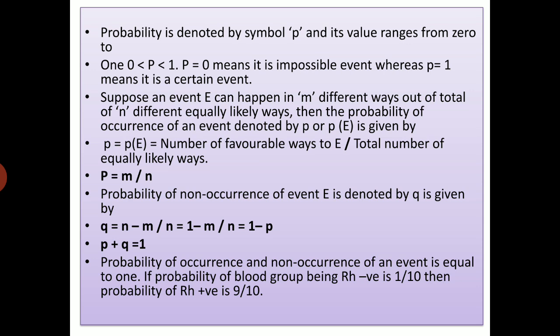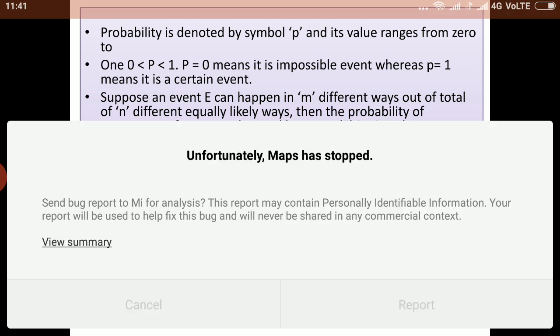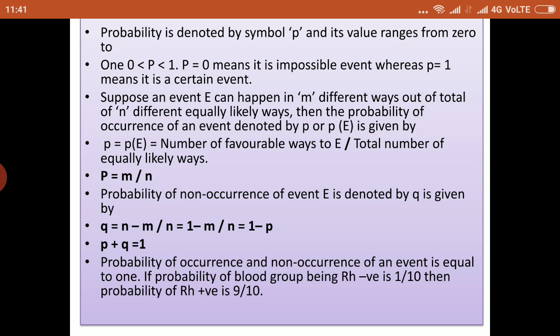Probability is denoted by the symbol P, and its value ranges from 0 to 1, as we have seen earlier also. If it comes very close to 0, that means there is almost no chance of that event occurring.